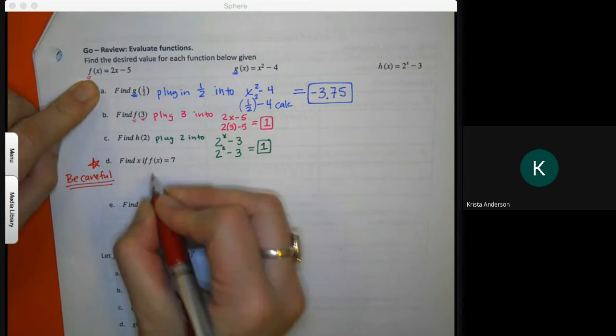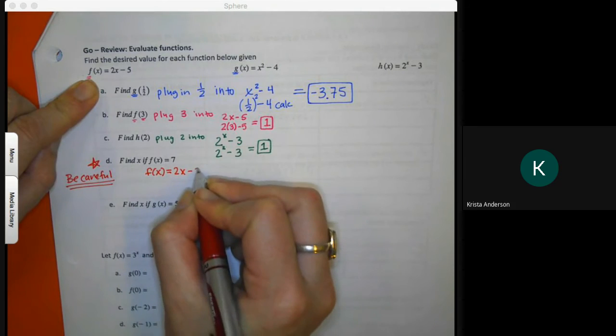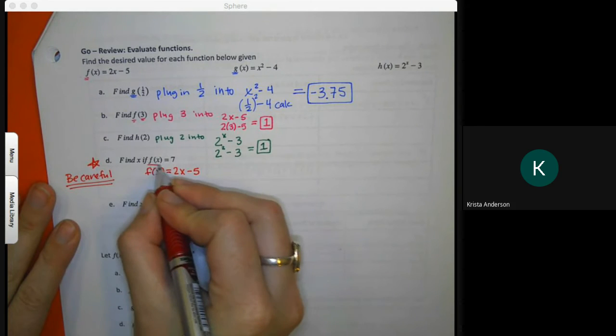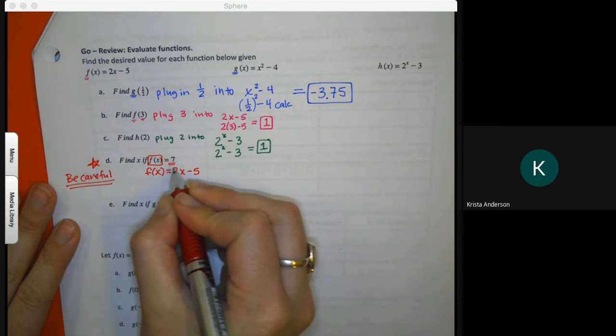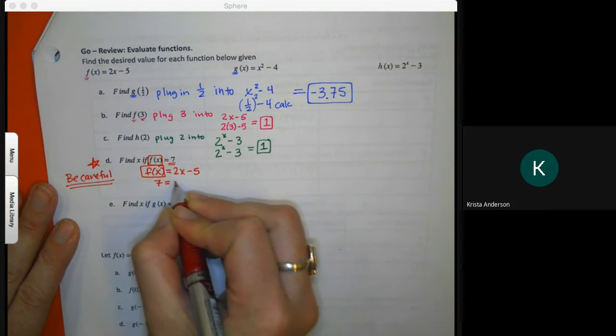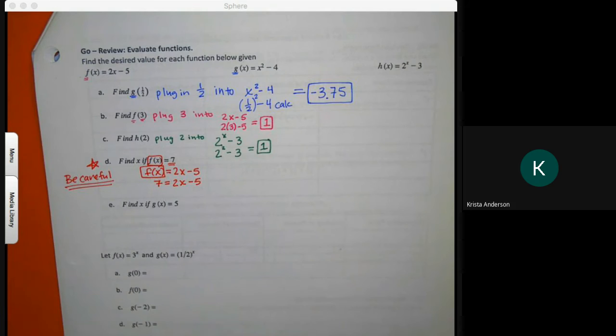So this function, what is going to happen is because it is 7, I'm going to replace it with 7. And my goal is actually to find x rather than plug x in. Does anybody remember how to find x, to get x by itself?